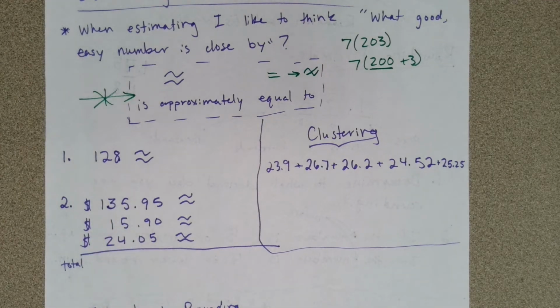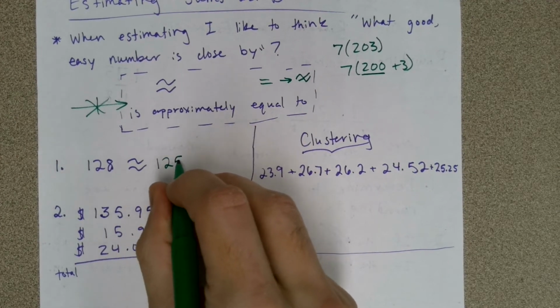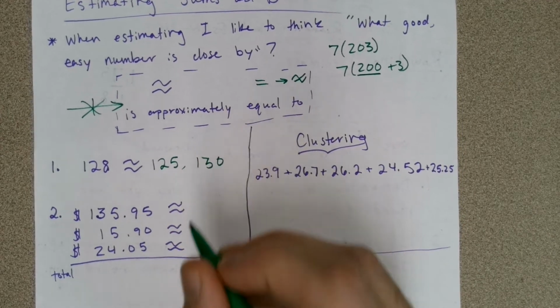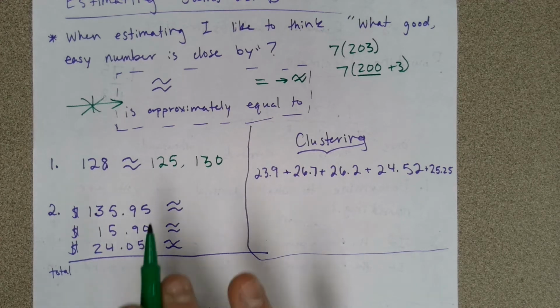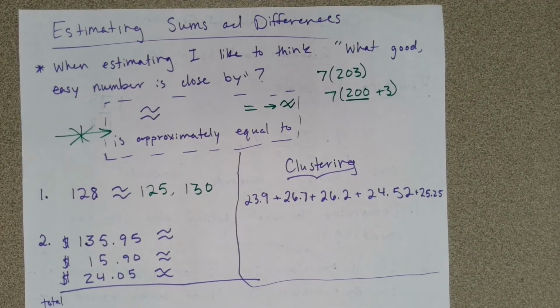I'm going to think, what's a good close by number? People could have different answers here. One that I might like is 125. Another one could maybe be 130. Those would be both good estimating numbers. Both good round numbers are going to help us do some quick math in our head. When we're estimating, we're trying to make it so we have quick math that we can do in our head.